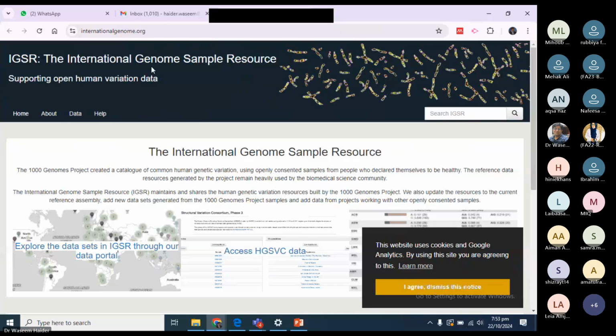Yeah. So the International Genome Sample Resource supporting human variation data. Now they have changed the names. Originally it was the 1000 Genome Project, right? And now it got converted to International Genome Sample Resource, right? So they had the samples from all across the world.